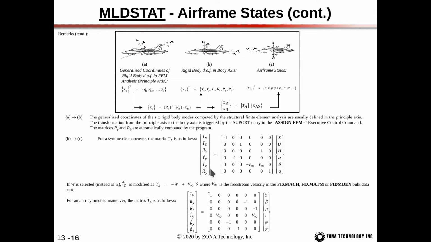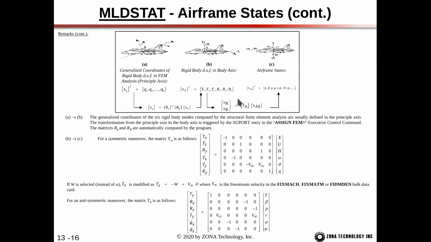As an example, if we look at TZ dot, the rigid body state TZ dot, that is equal to minus V infinity times alpha plus V infinity times theta. If you select W instead of alpha as your airframe state, then TZ dot is minus W plus V infinity times theta. And then for the antisymmetric maneuver, the transformation matrix is shown here.